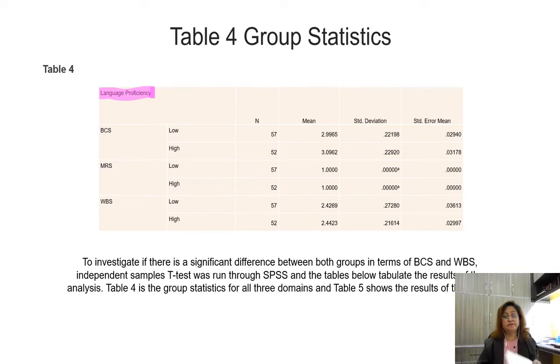Table 4 shows the significant difference between both groups in terms of basic computer skills and web-based skills through a t-test.